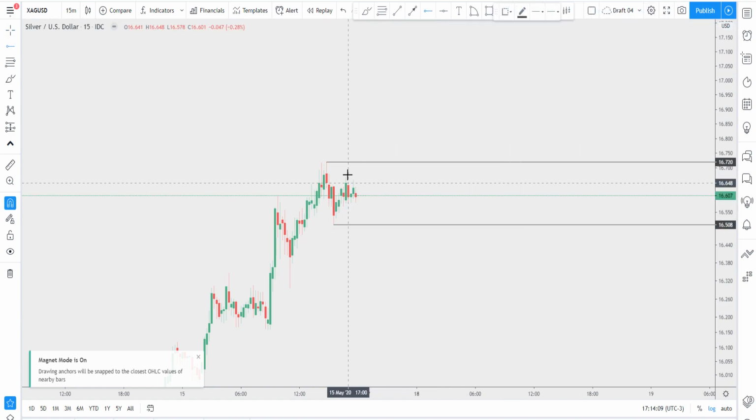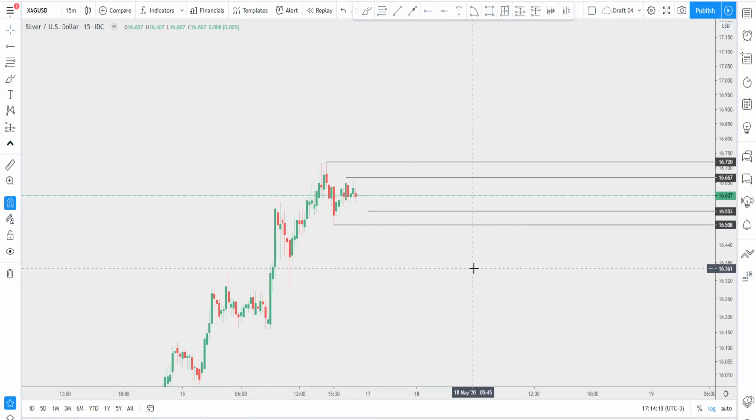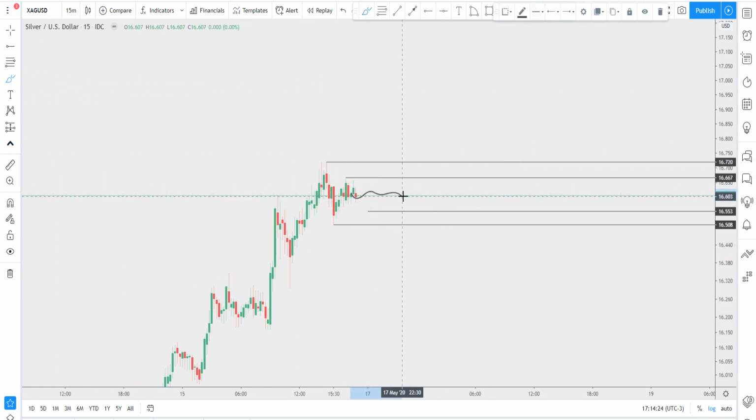Just for you guys to have a better idea here. And what we may look next is this. That will be a higher low. And if we end up perfectly here, then we will have another bull break.